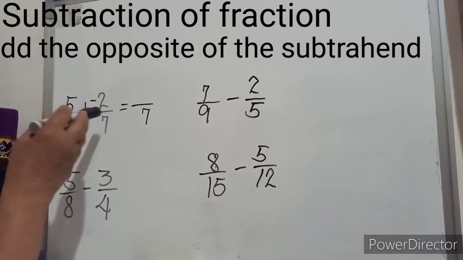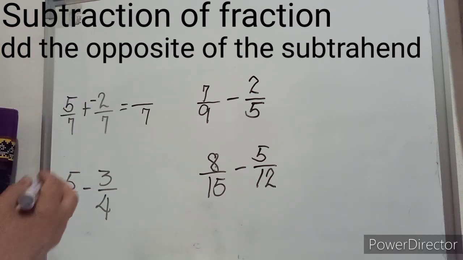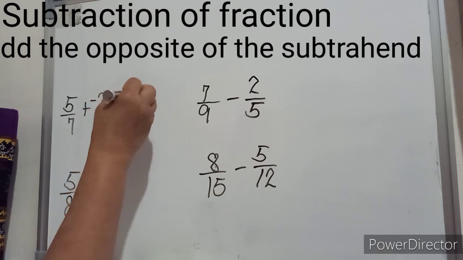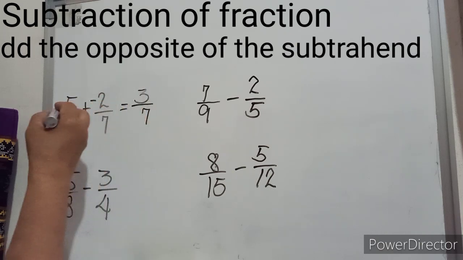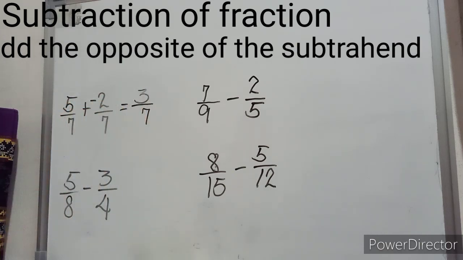So 5 minus 2 is equal to 3, and the sign of the number considered larger is positive. Therefore, our answer is positive 3 all over 7.